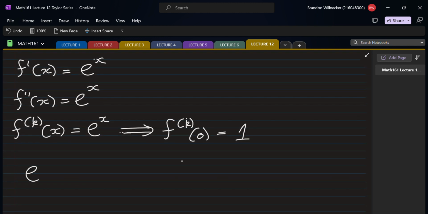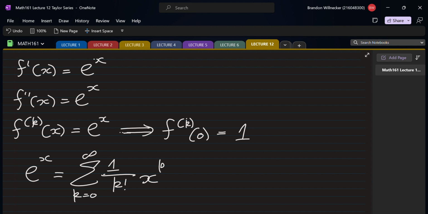So here, e to the x is equal to the sum from k equals 0 to infinity, 1 over k factorial x to the k. And this is an example of a particular function where this does converge for any value of x. But again, we will look at that later. But it's good to keep in mind that we can substitute any value of x and this will converge.